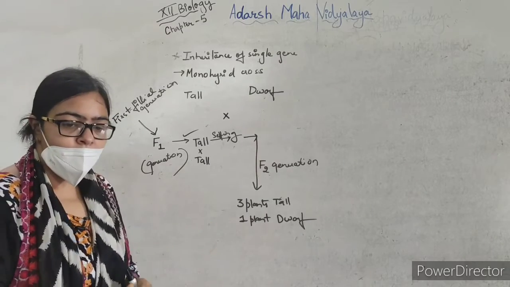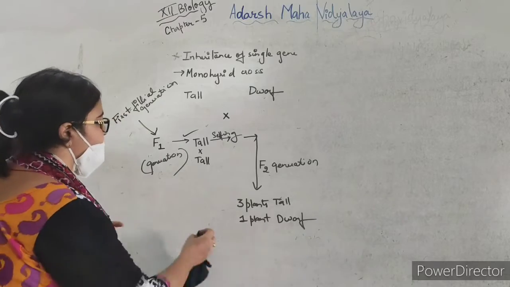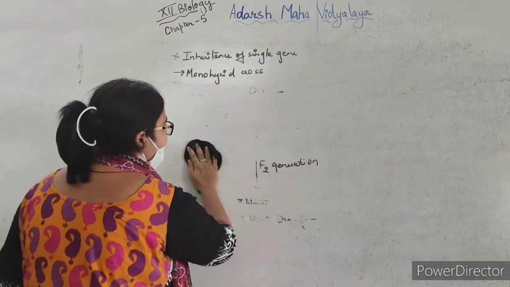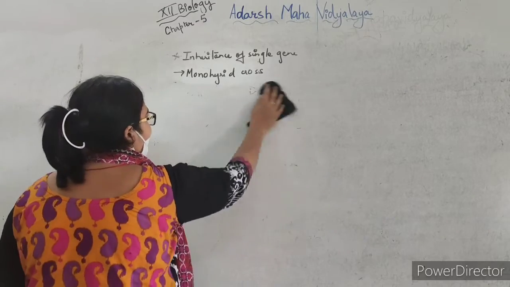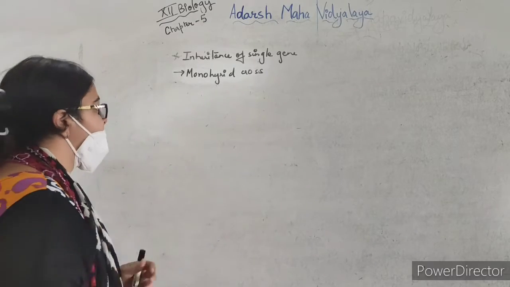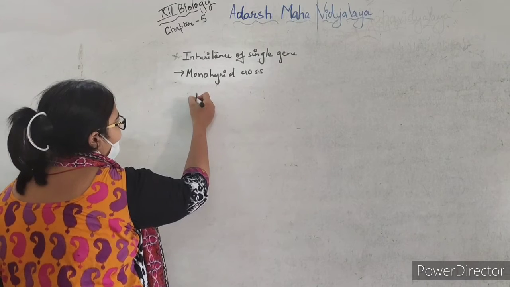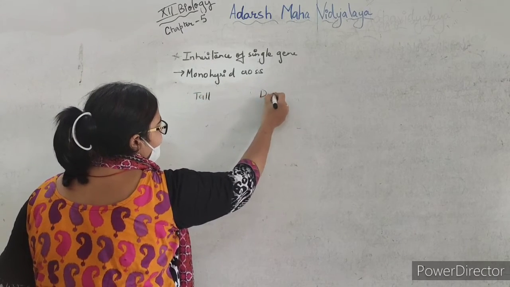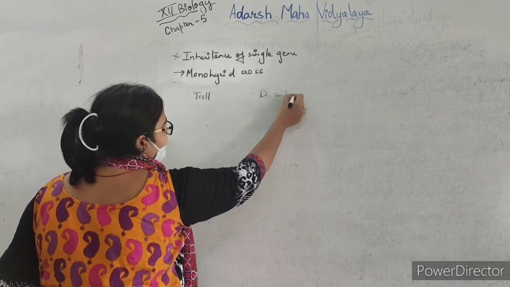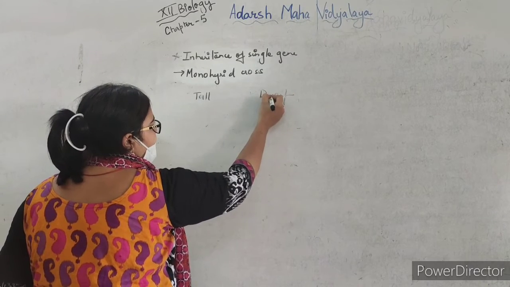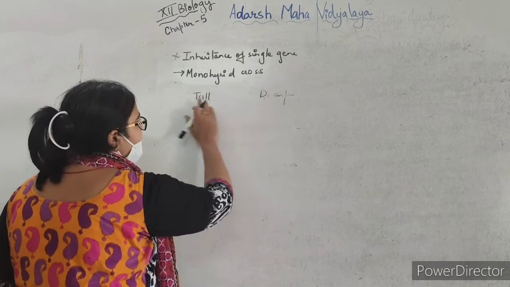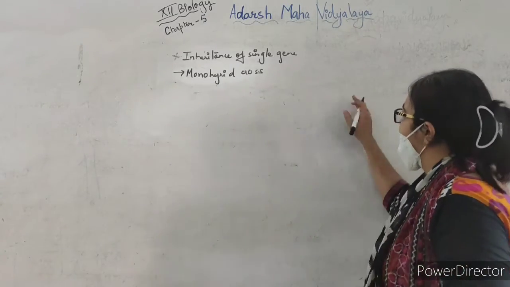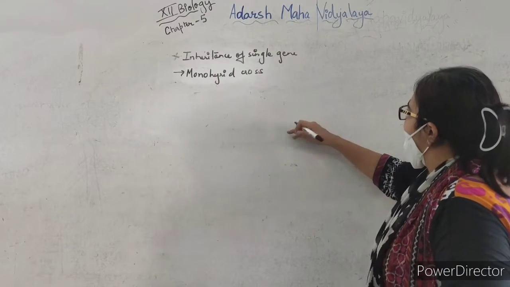Now I will do the cross. This was only a short explanation, and now I will do the cross, how he did the cross, how we do the monohybrid cross. So we will take a tall plant and we will take a dwarf plant. This side is wet, so I'm not able to write here.